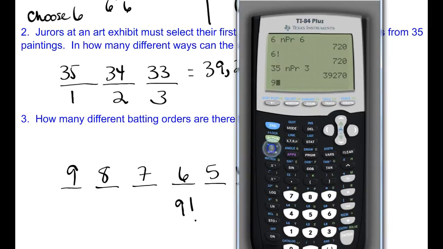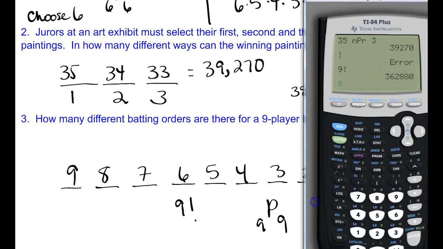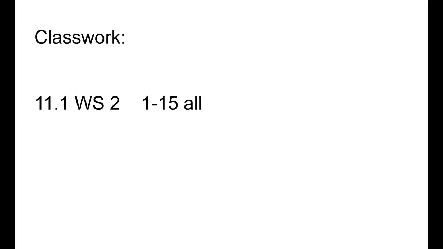So 9, math, probability, whoops. Go get my exclamation point. Ooh, it didn't like that. 9, math. Nine factorial. Ooh, 362,880 different lineups. Okay. All right, that is it.